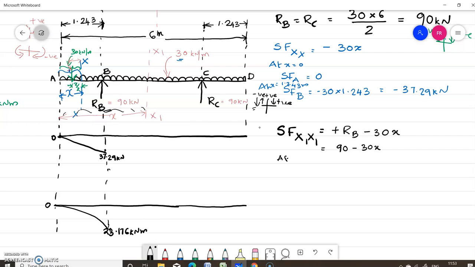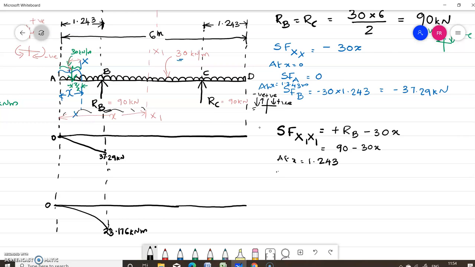Now at x equal to 0, what is the shear force? At x equal to 0, you have already obtained the shear force. So we need to find out what is the shear force at x equal to 1.243. At x equal to 1.243, what is the shear force?